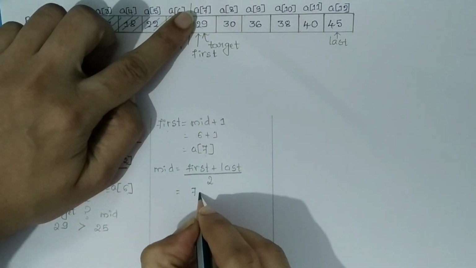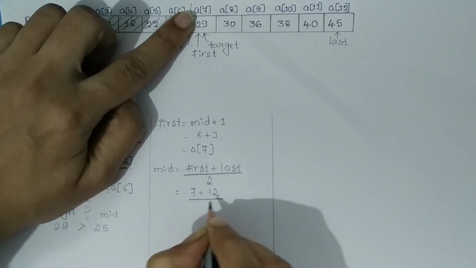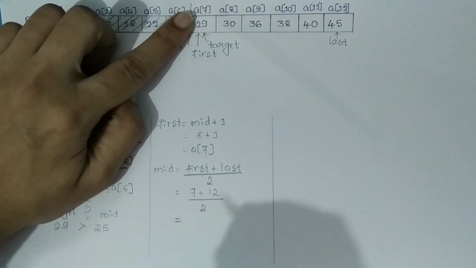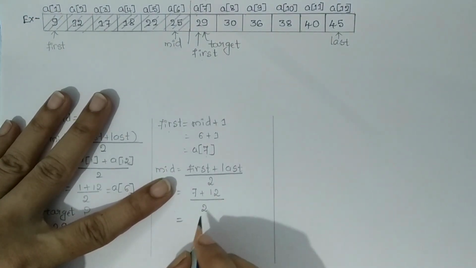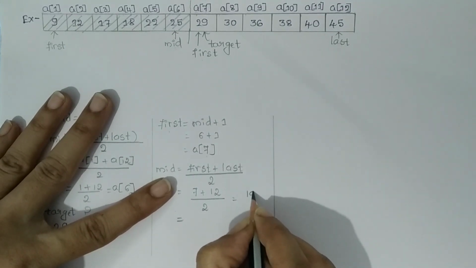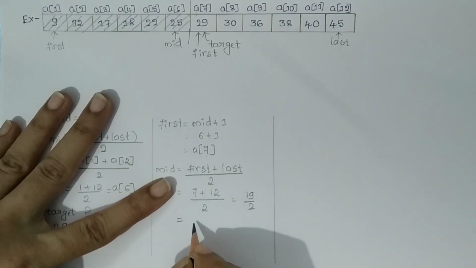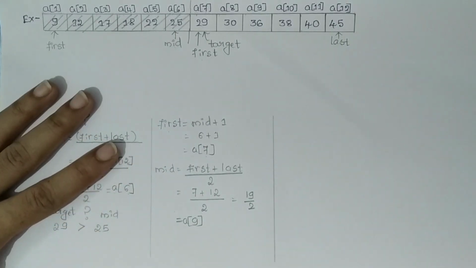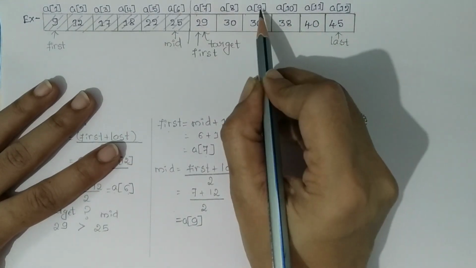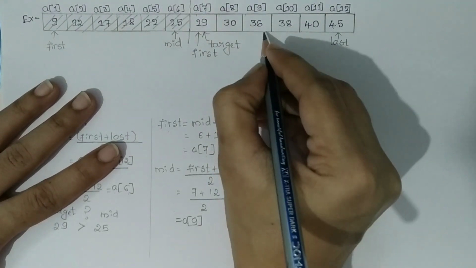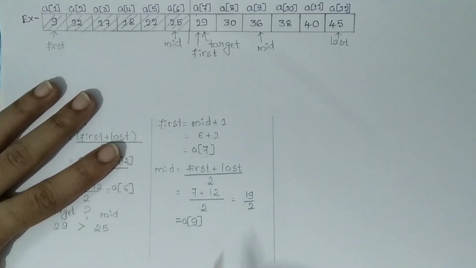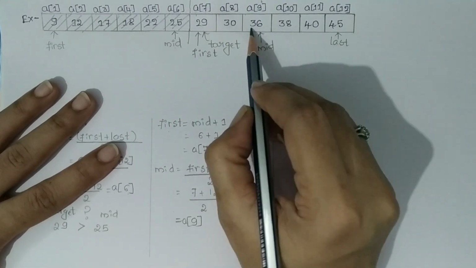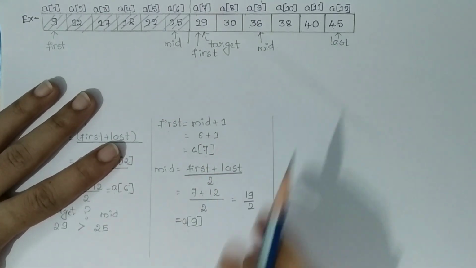So 7 plus 12 divided by 2 is 19 by 2, which is 9, that is array of 9. Array of 9 is 36. So this is our new mid value of the list. Array of 9 is the mid of the list and 36 is the mid element of the list.